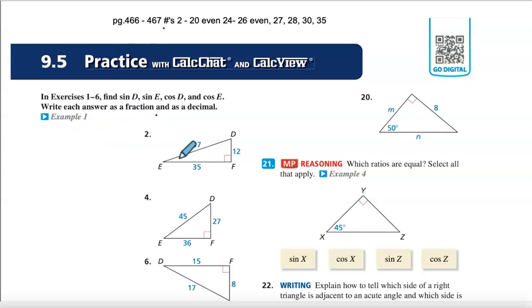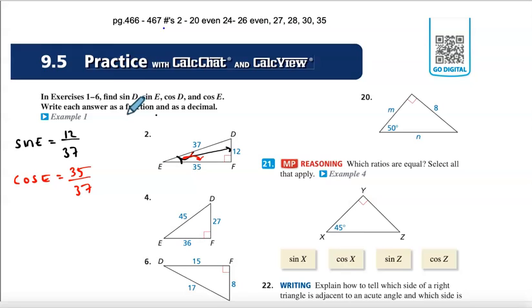So if you look at angle E, the sine of E is going to be opposite, 12, over the hypotenuse, which would be 37. The cosine of E will be the adjacent, 35, over the hypotenuse, 37.